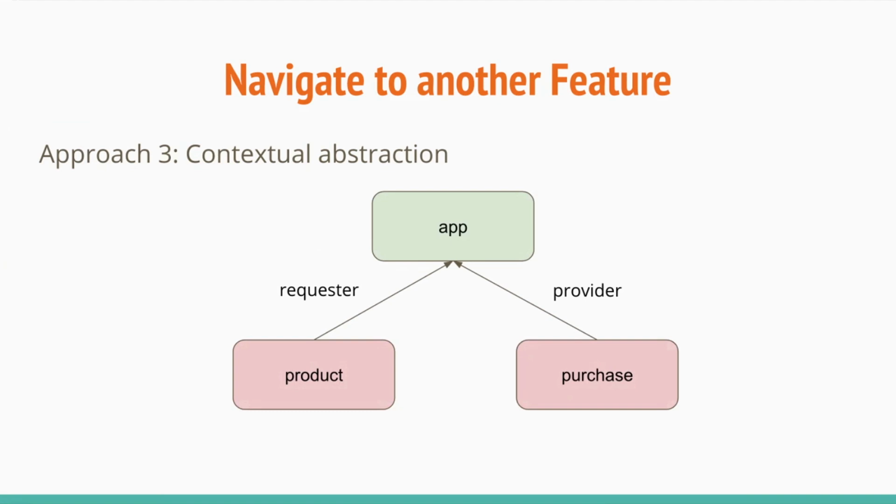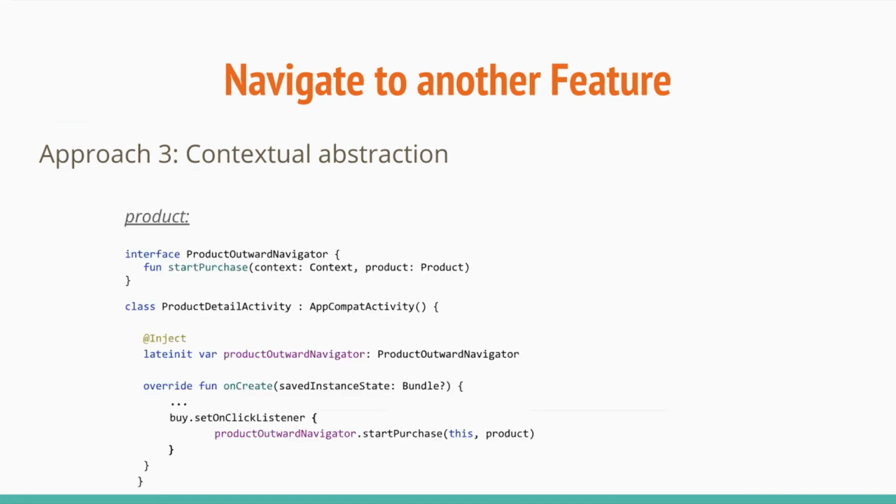So if we have to go ahead with this approach, let's see how the code is going to look. First we'll talk about the product module. Remember that the product is the requester. So in this particular case, product will have one interface, which is called product outward navigator. In that interface, there would be one ask, which is start purchase, where we need to pass context as well as we need to pass product, because product is available inside the product module.